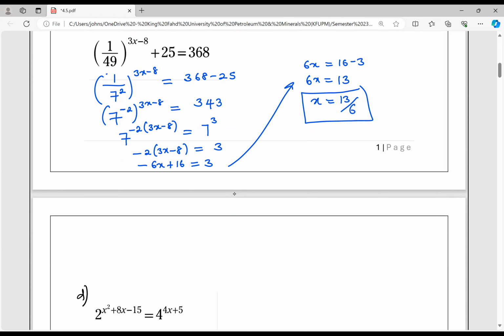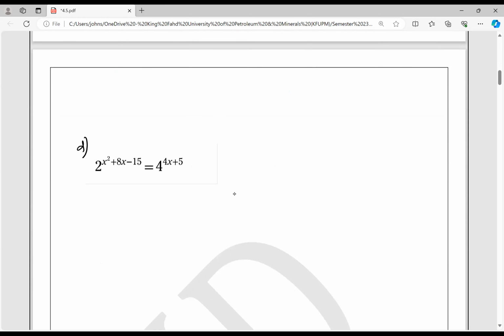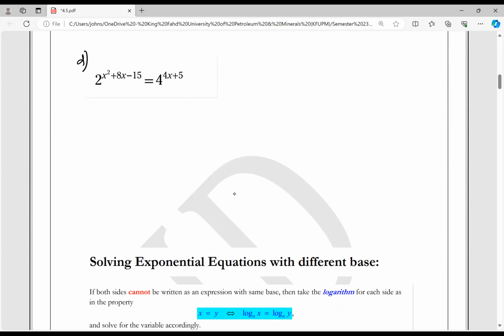Now we move to the next one, which is D. For D, we can also write both sides as a power of 2. Let's keep this simple for now. This is okay, minus 15. But here we can write it as 2 to the power what?